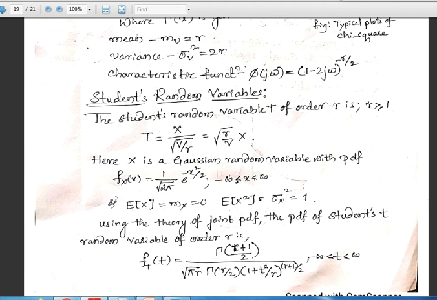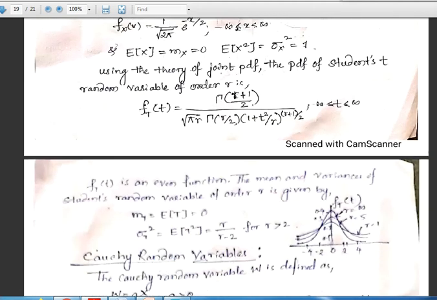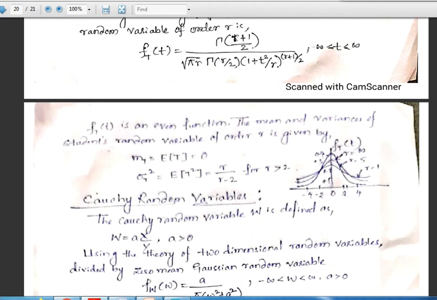When we represent its plot, the student's random variable has a distribution similar to the Gaussian distribution, but as the value of r increases: as r is 1 we can see a flatter one, and if r is equal to infinity we get the peaked one.